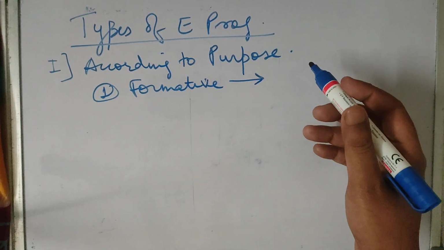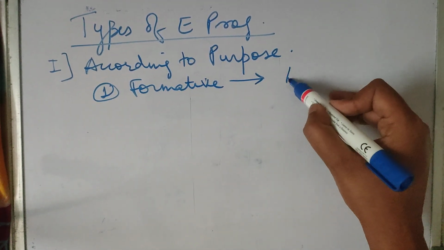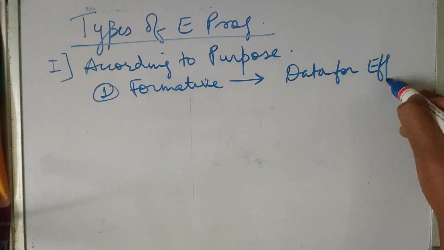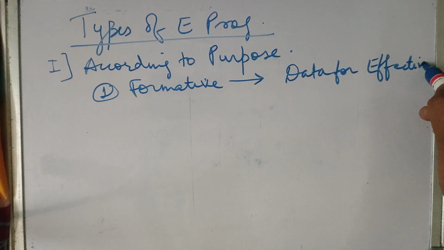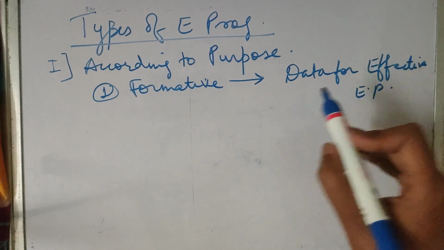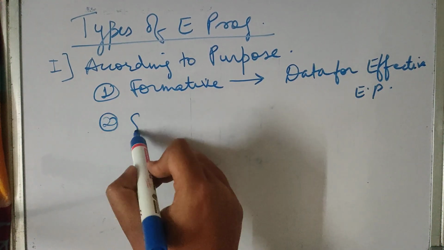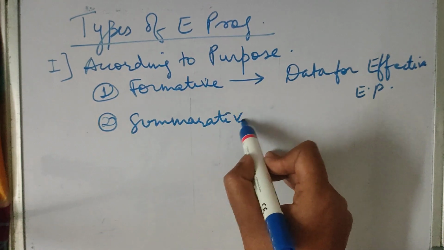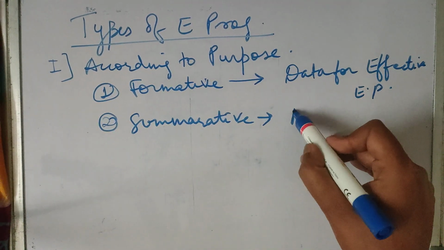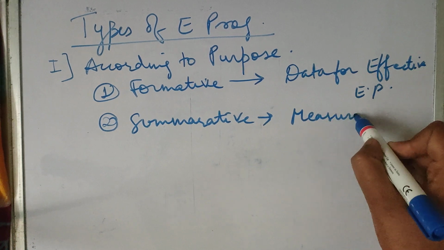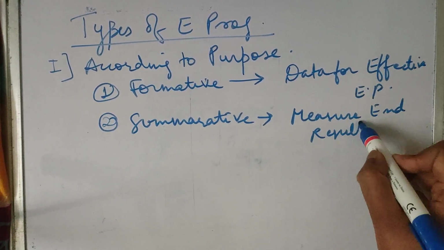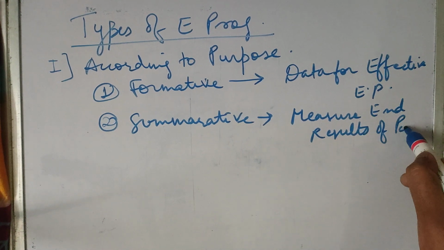It is to gather data for an effective extension program. Second is summative. It means measuring the results of the purpose.